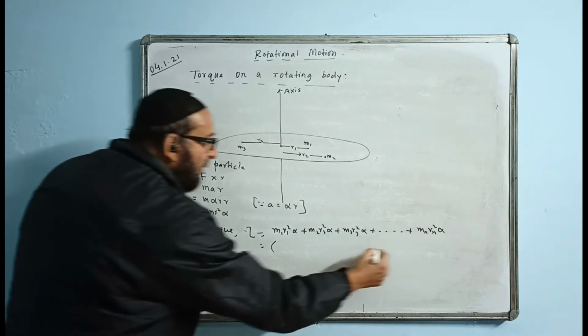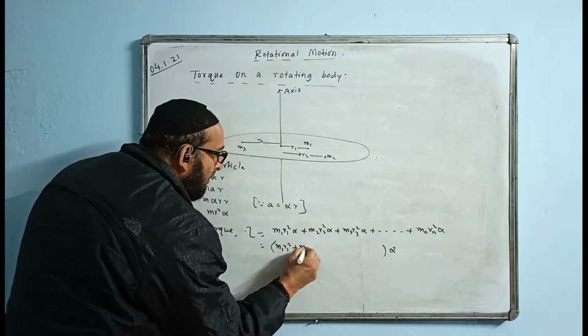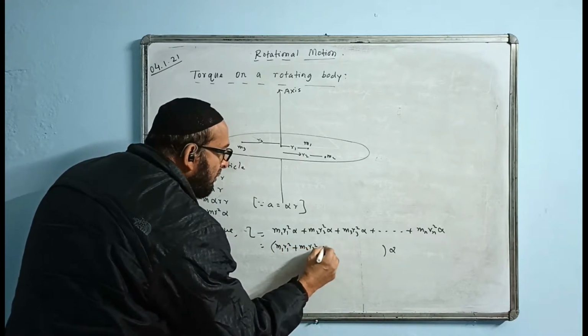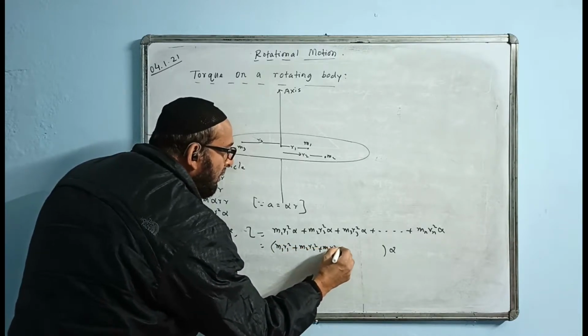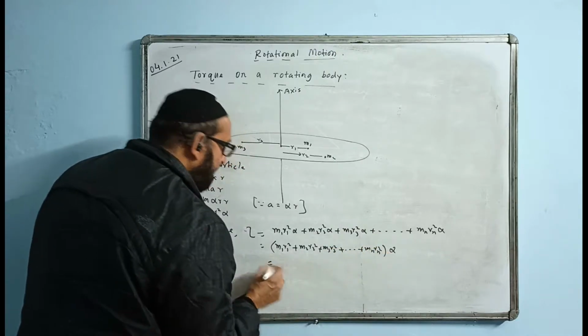We take alpha common. What is left over is m1 r1 squared plus m2 r2 squared plus m3 r3 squared, and so on, plus mn rn squared.